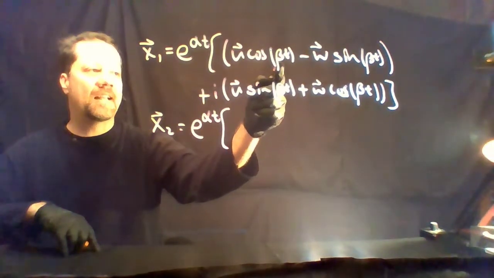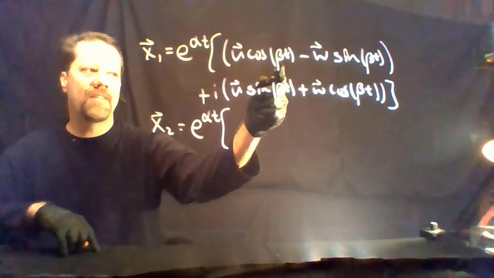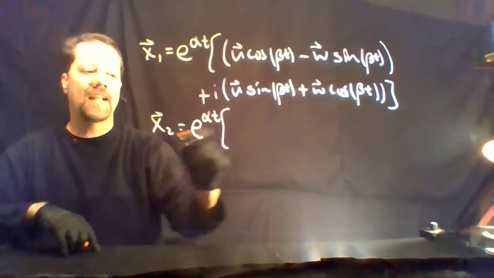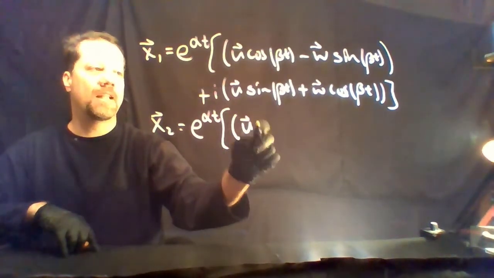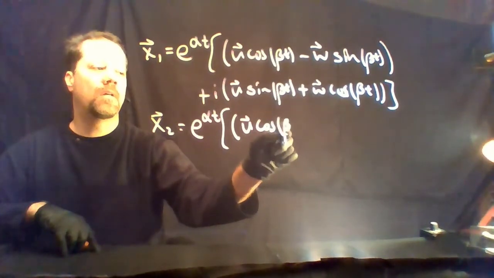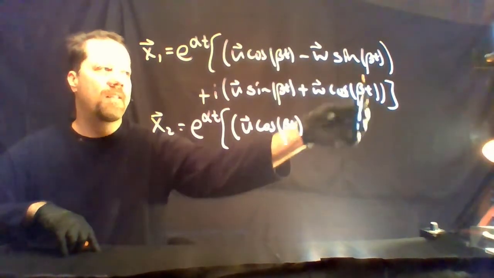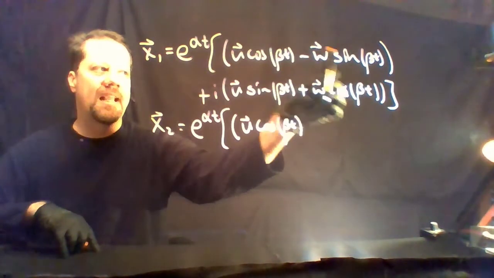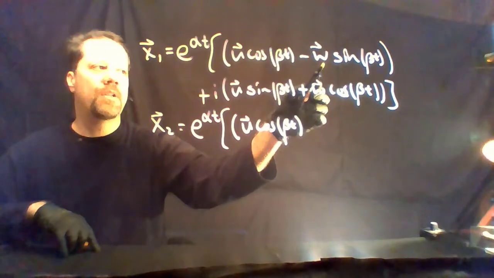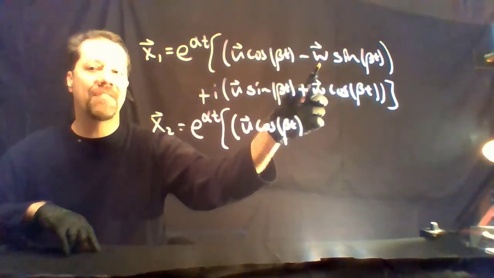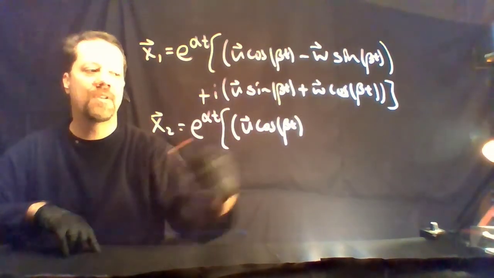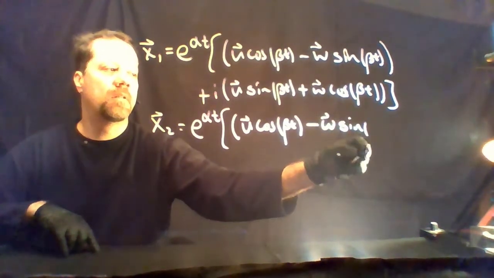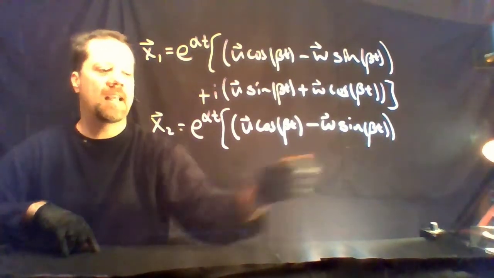If beta is replaced by negative beta in this first entry, since cosine is even, the negative goes away, and you just end up with U cosine beta t. In the second term, if beta is replaced by negative beta, you get a negative that comes out, but you also need to replace W by negative W, so you end up with two extra negatives, so it still ends up minus W sine beta t.